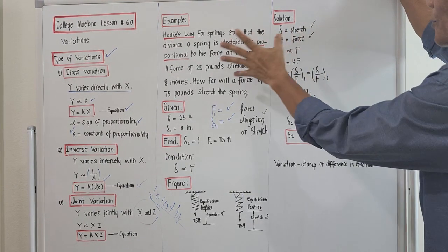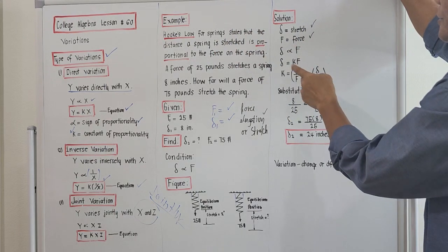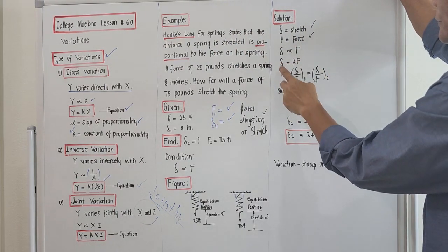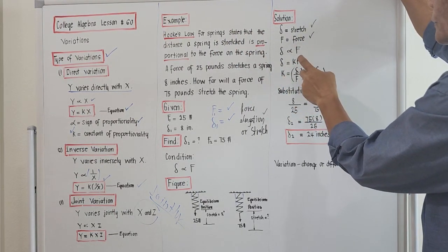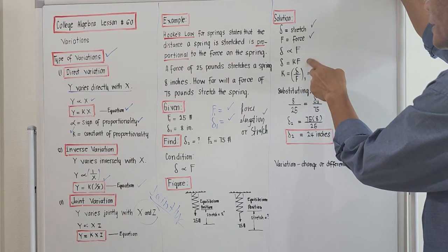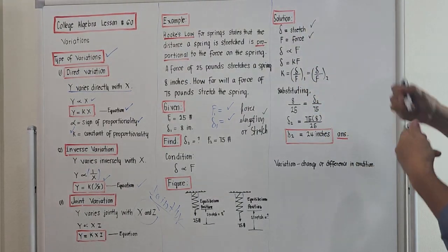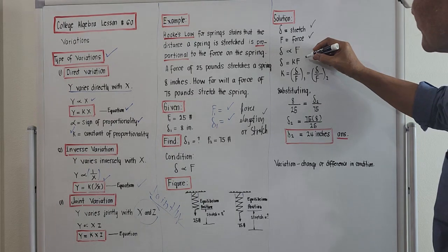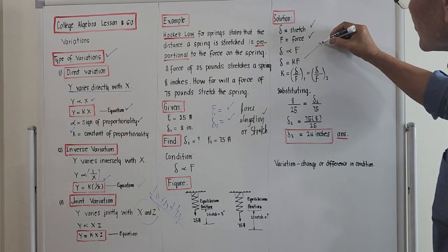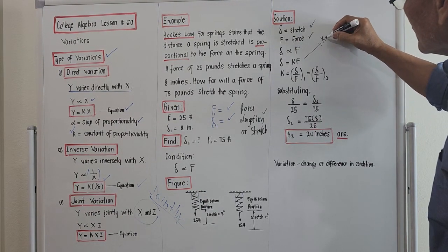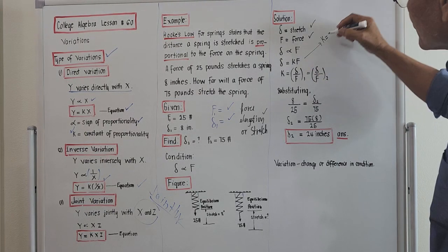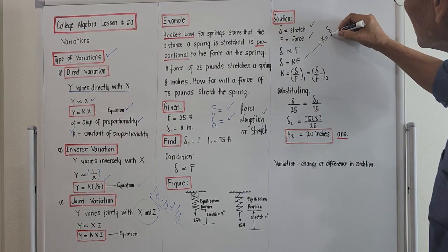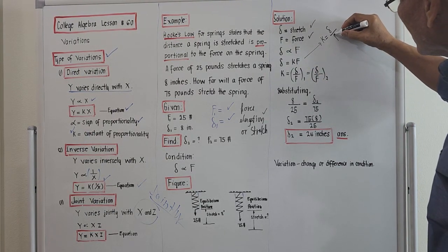We are formulating our equation. The elongation will be equal to a certain constant k times F. To solve for k, we divide both sides by F, so k is the elongation over F.